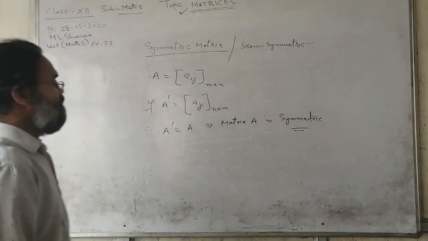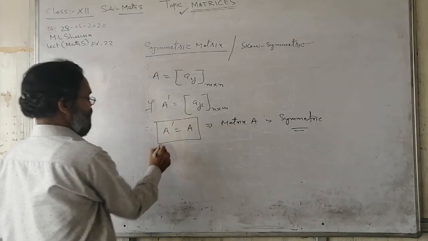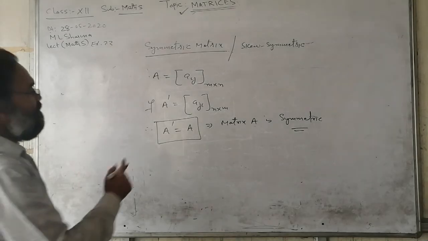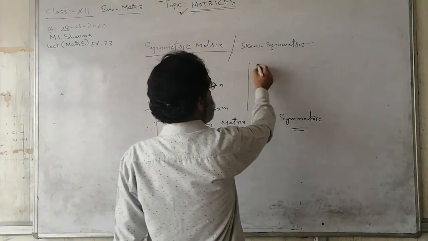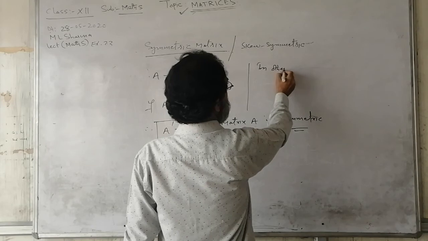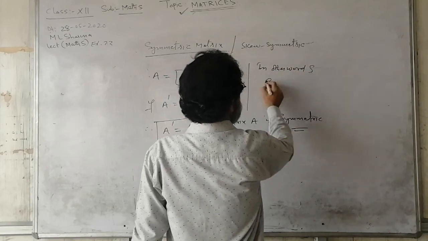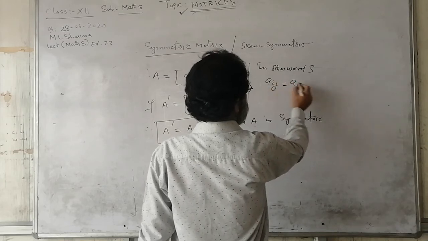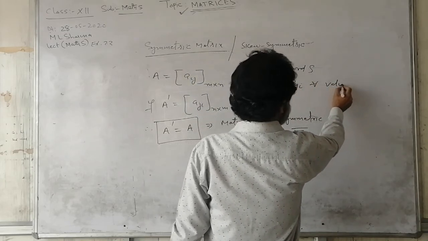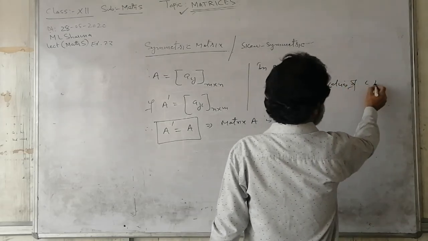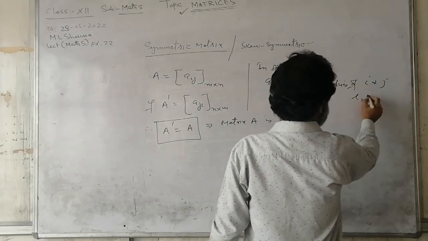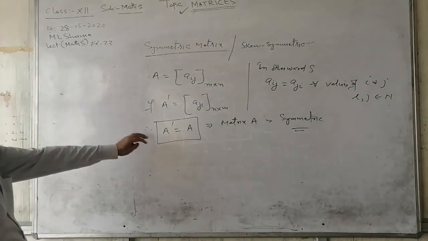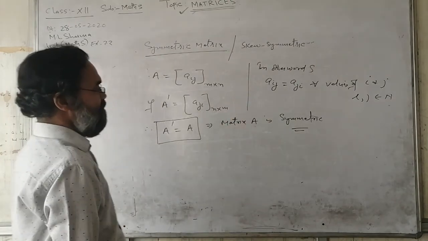So for symmetric, the condition is that the transpose of A must equal A. In other words, I can say Aij is equal to Aji for all values of i and j. I and j belong to the natural numbers. So this is the condition for a symmetric matrix.